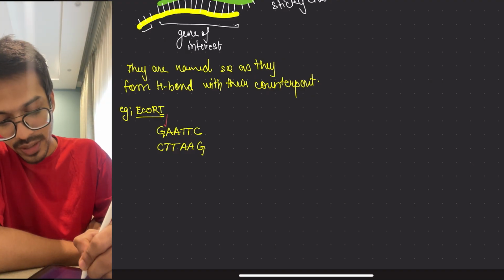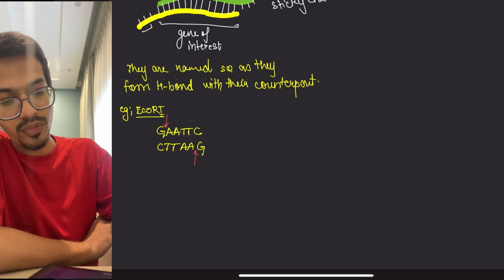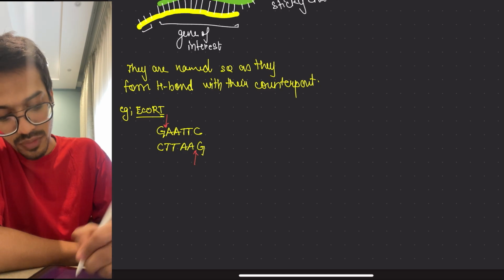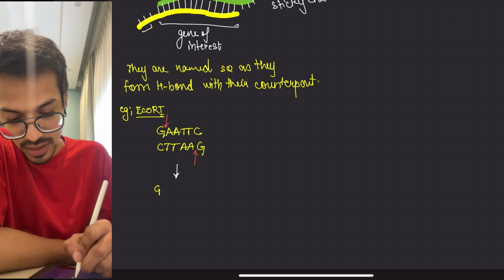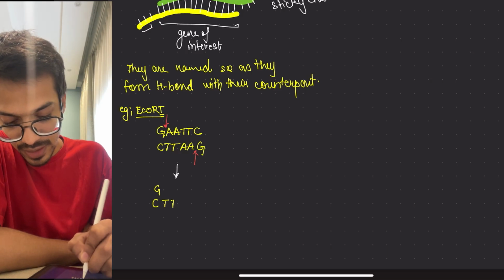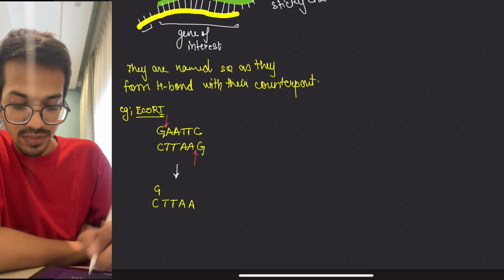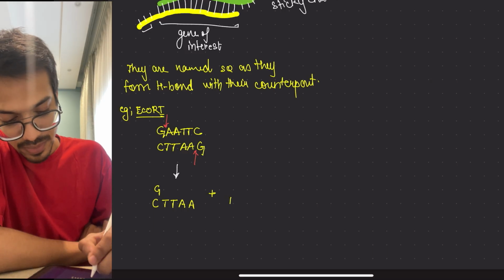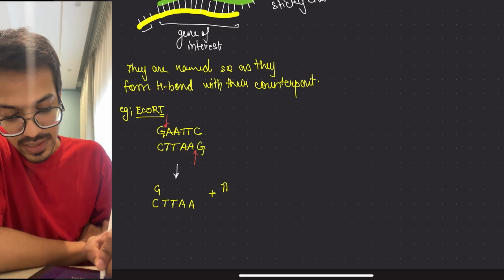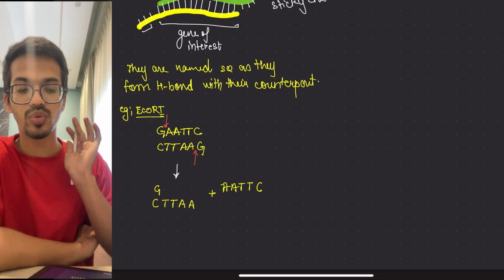So at the GA point, what will it form? It will form G on this strand, C here, TTAA, plus there will be a segment of the upper strand, AATTC and G over here.